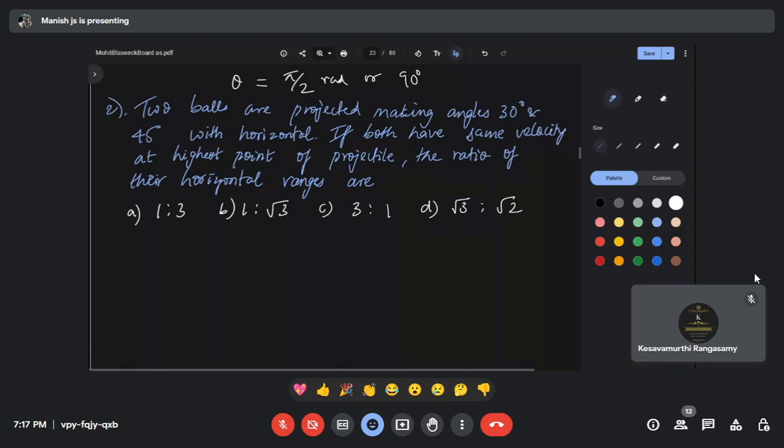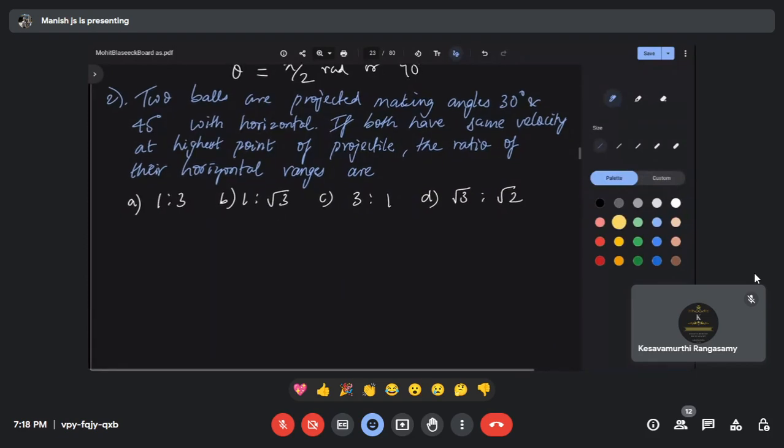And you will have to use the relation given the same velocity at the highest point. So horizontal range R is equal to, as you rightly said, u square sine 2 theta by g.